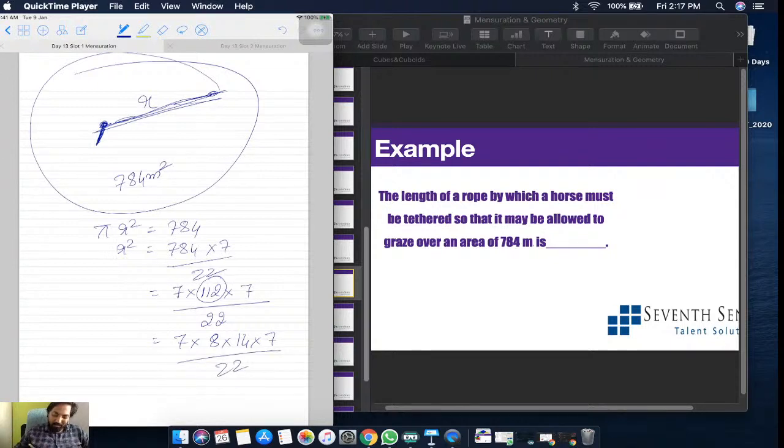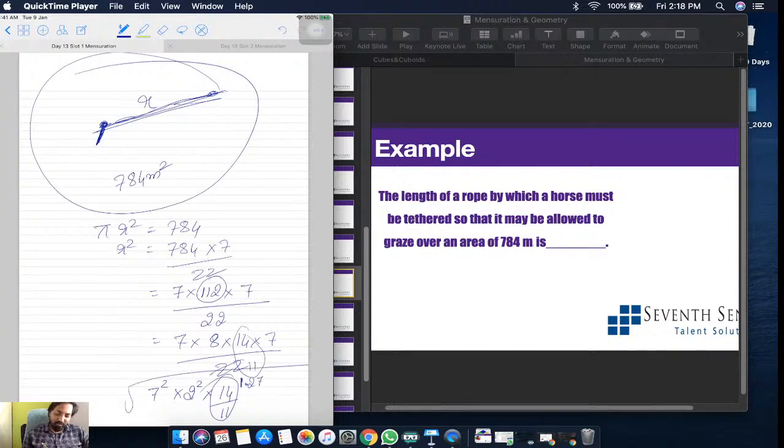Very complicated. So what I'll do is write this as 7 square into 2 square into, I'll make this 11, 14 by 11. 14 by 11 approximately is 1.27.